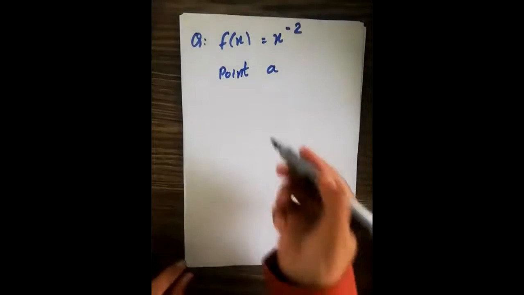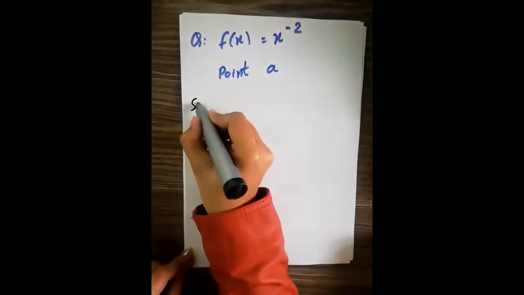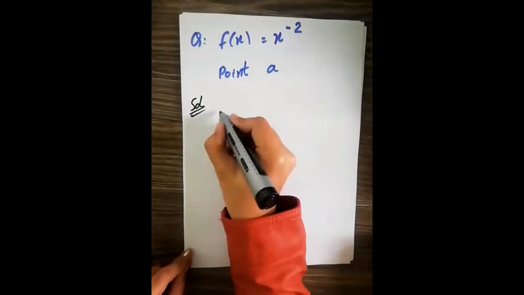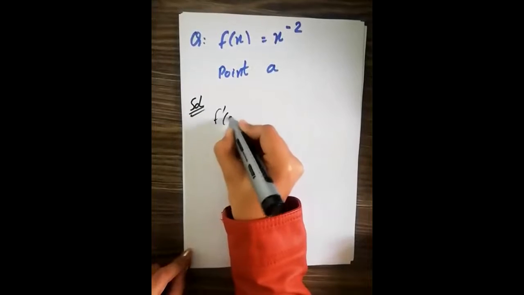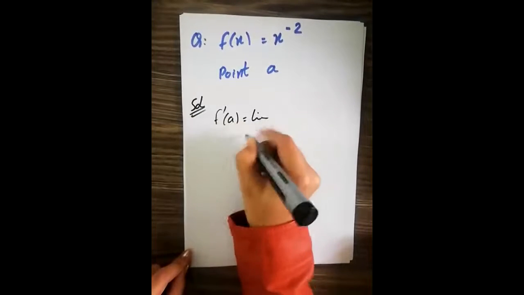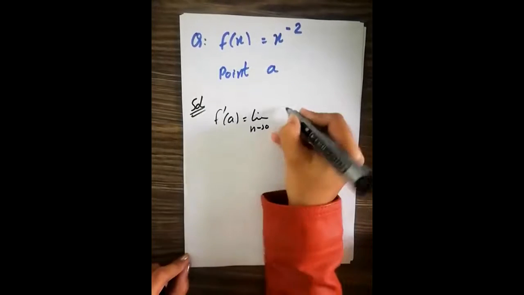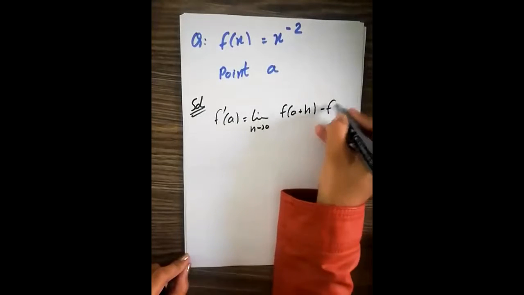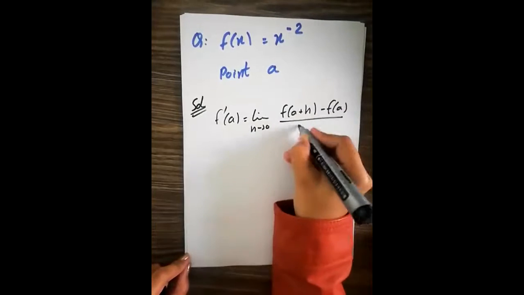So we will use the same formula. F prime of A is equals to limit h approaches to 0, f of A plus h minus f of A over h.